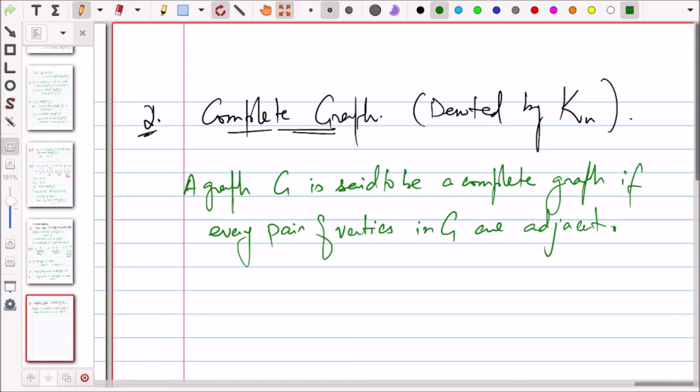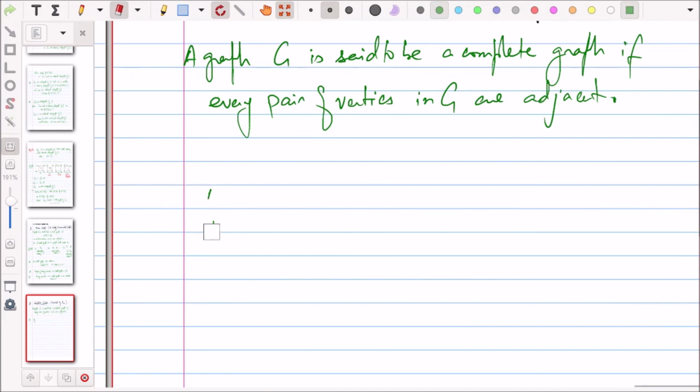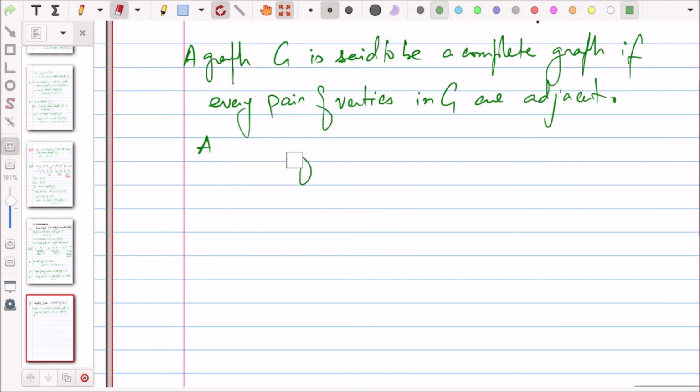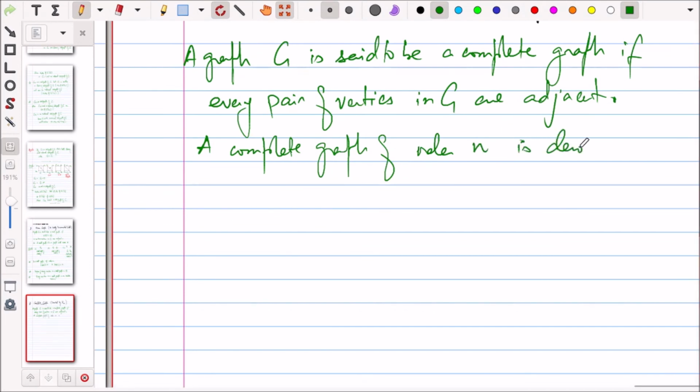तो कितने एजेस होने चाहिए? So a complete graph of order n is denoted by Kn. ठीक है?